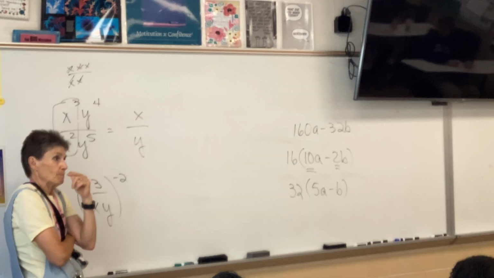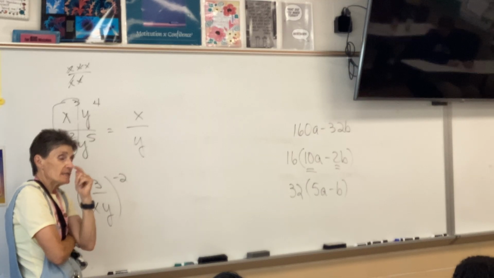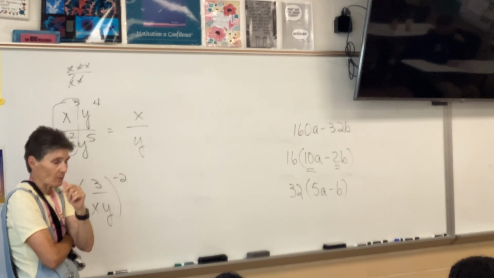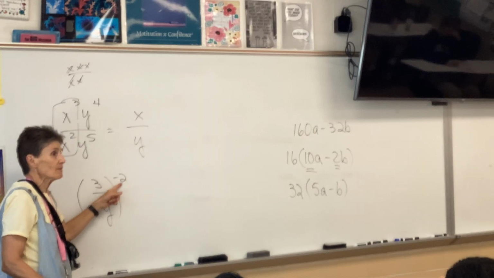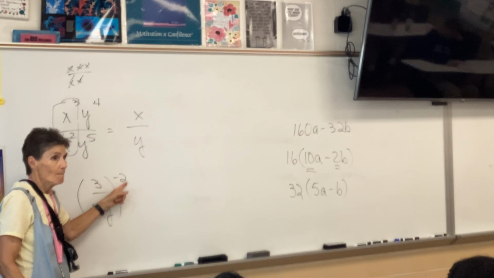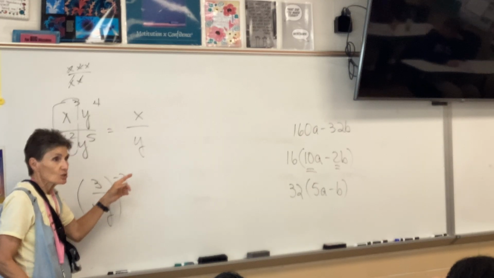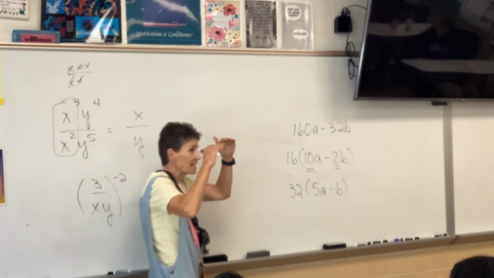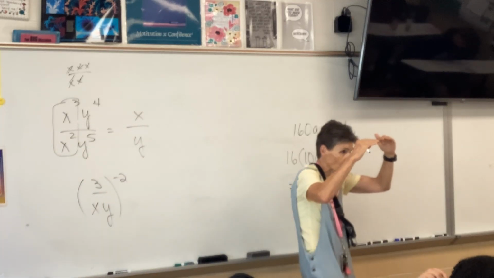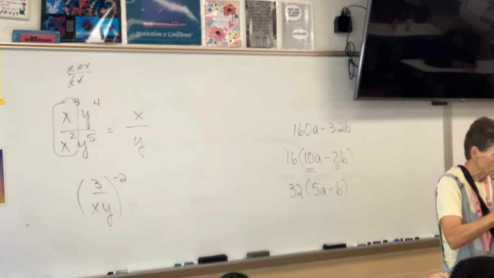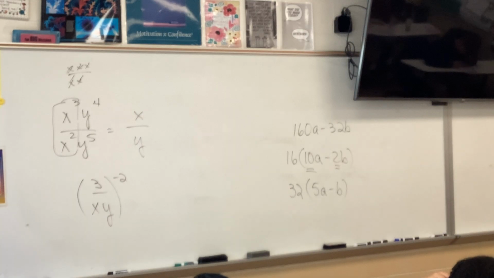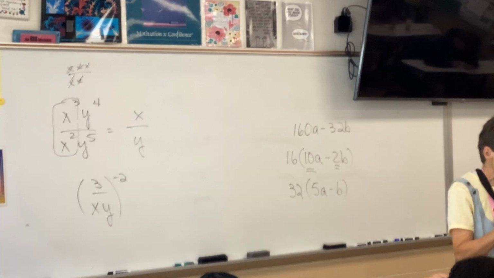And you can do that. It's easier, I think, to remember that negative exponents move things. So do you remember that if you have a negative exponent in the numerator, it goes to the denominator? And if you have one in the denominator, it goes to the numerator. So negative exponents move things.